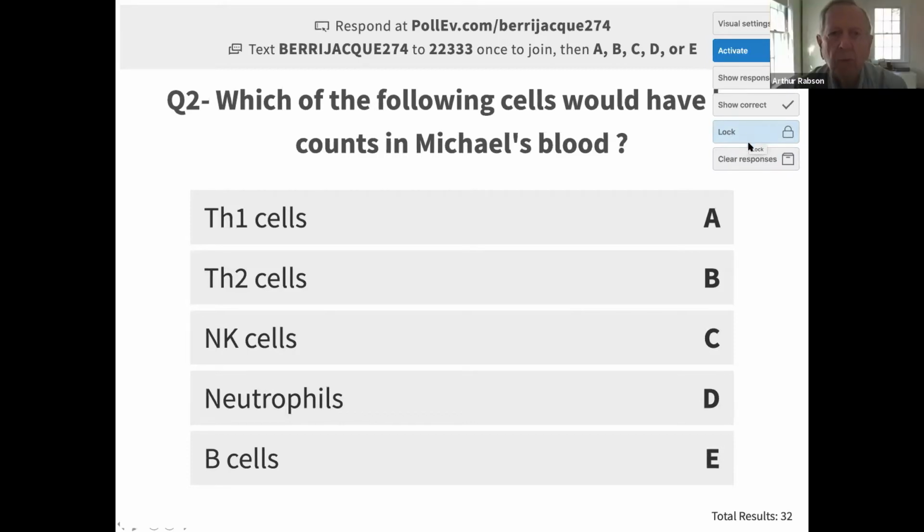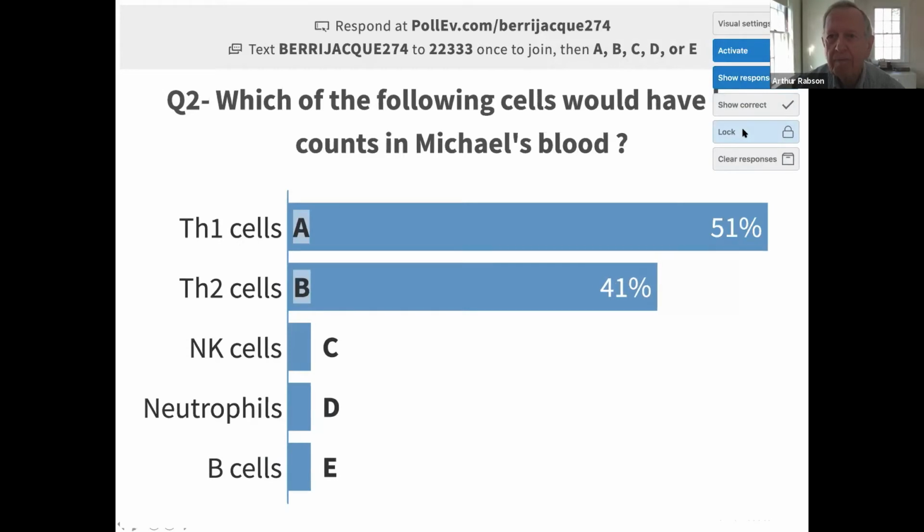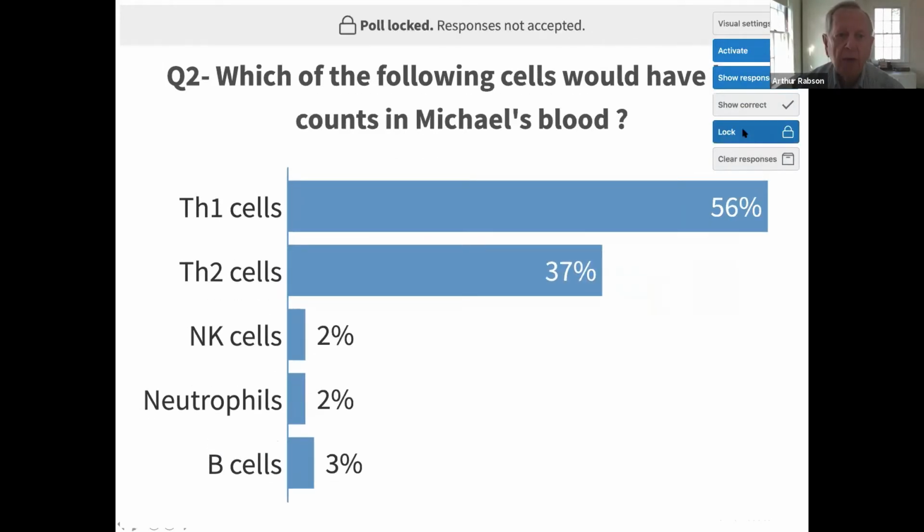Then they ask, which of the following cells would have low counts in Michael's blood? So let's see what you did over here. Yes, so you said Th1 cells and Th2 cells.